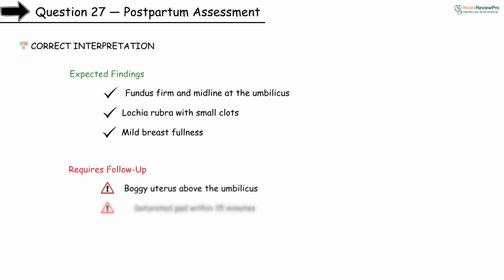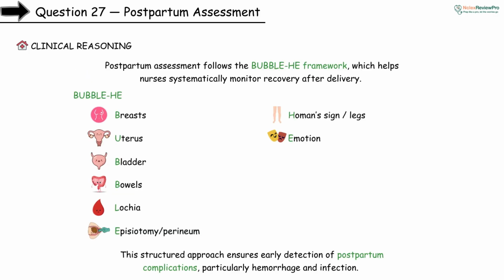Now let's summarize. Expected findings: fundus firm and midline, lochia rubra with small clots, mild breast fullness. Findings that require follow-up: boggy uterus above the umbilicus, saturated pad within 15 minutes. Now, let's connect this back to your clinical framework.